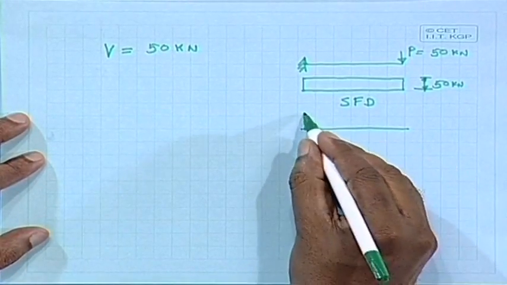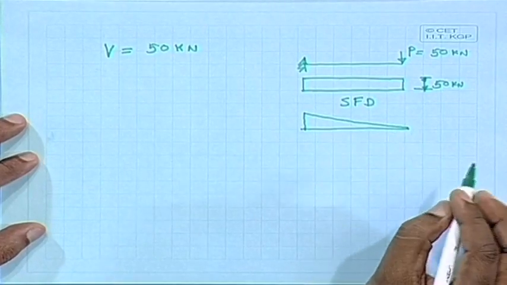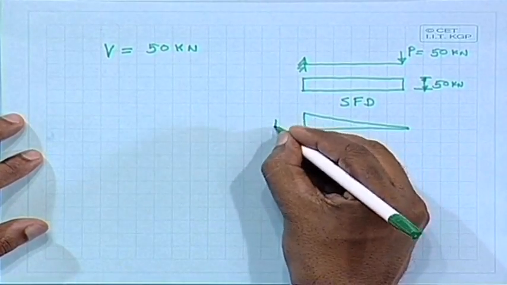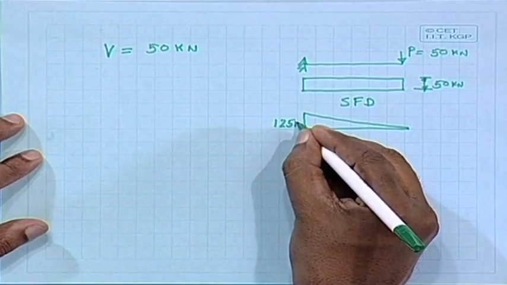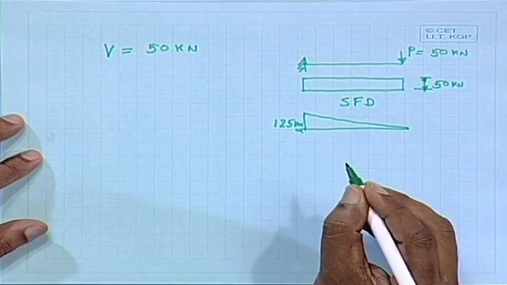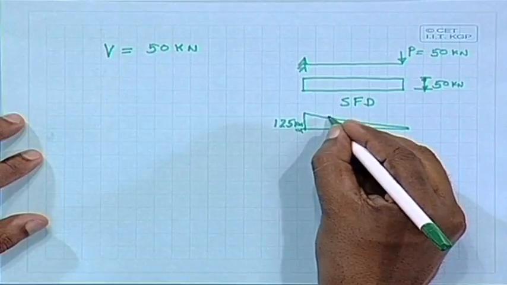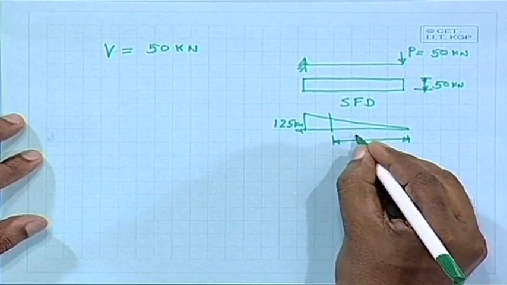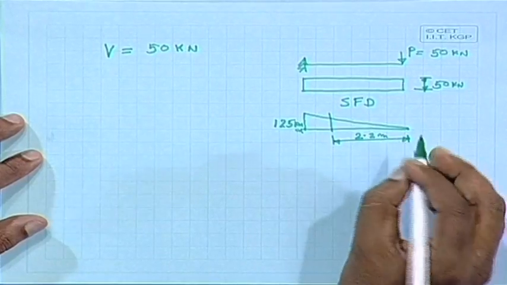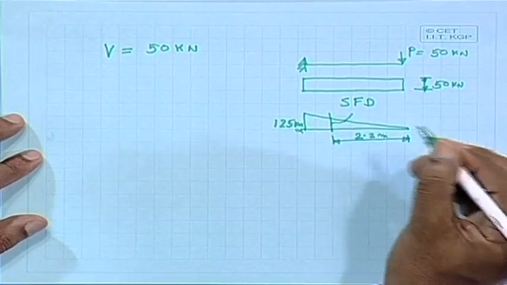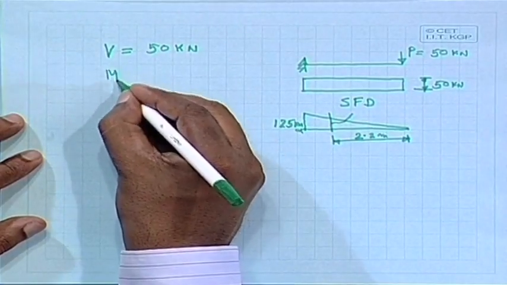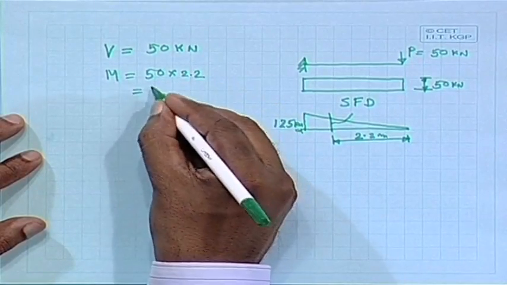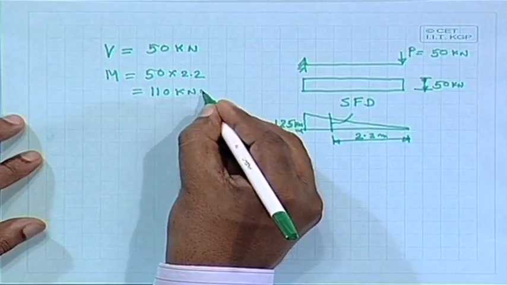So, 50 into 2.5 comes to 125 kilonewton meter, but we are interested to find out somewhere here, this is 2.2 meter. So, this one M comes as 50 into 2.2, 110 kilonewton meter.